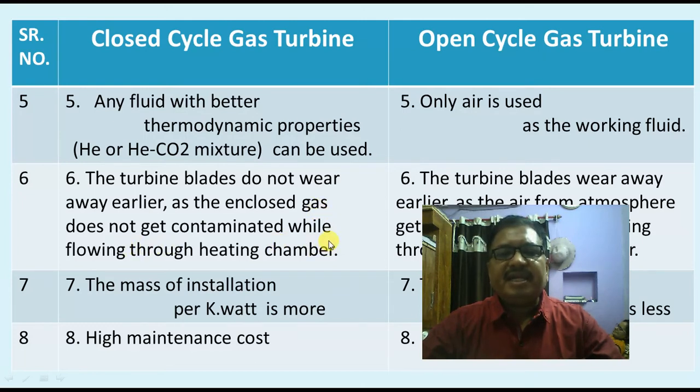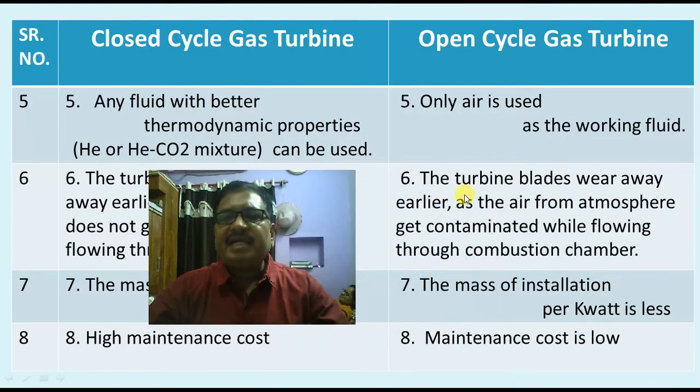It doesn't get contaminated by mixing with the products of combustion, right? And therefore the life of the turbine blades is good. They do not easily wear, or there is no corrosion of the turbine blades in case of closed cycle gas turbine.